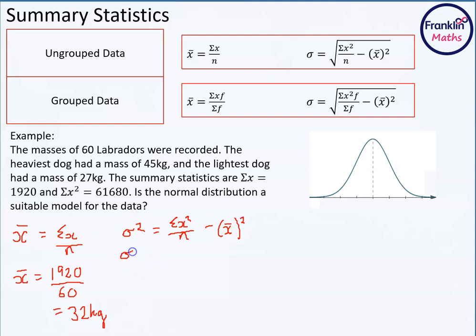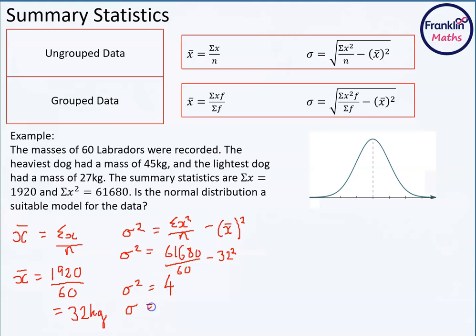So sigma squared is equal to 61680 over 60 minus 32 squared. So the variance is equal to, and I'll do this with my calculator, 61680 divided by 60 minus 32 squared, which comes out as 4.